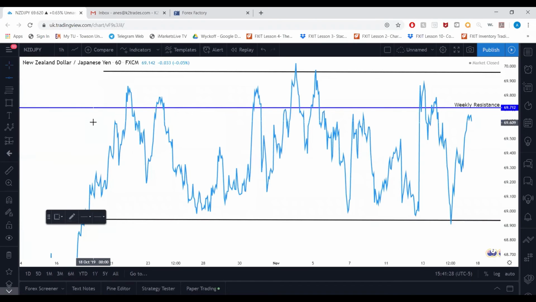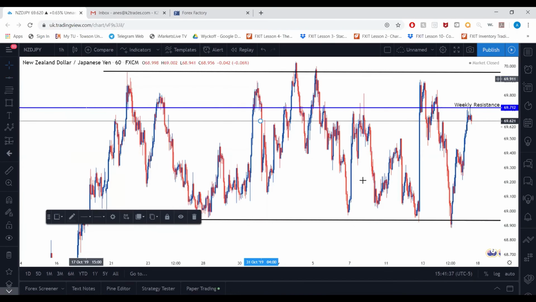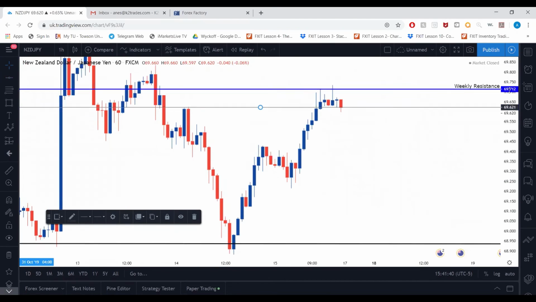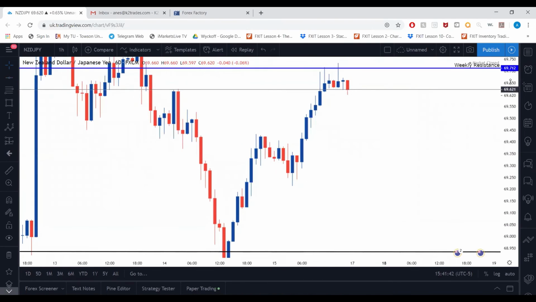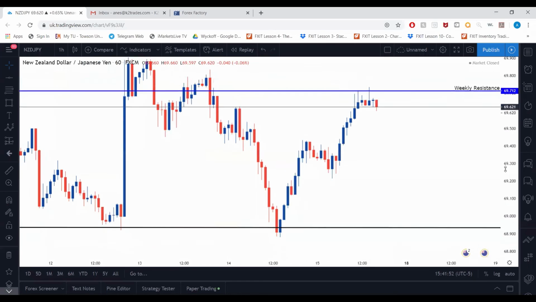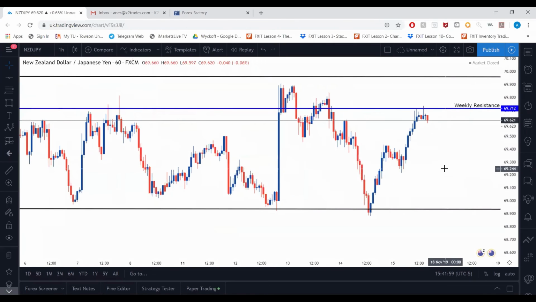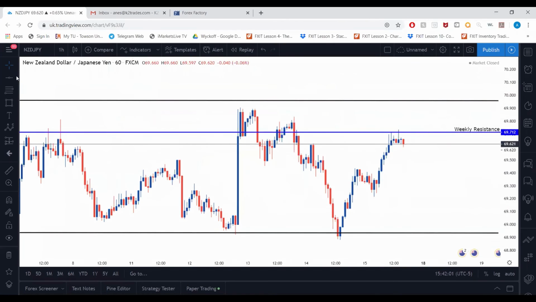I know it's on 1 hour and I myself don't favor it, but let's see if the break of this would validate the sell. So either you hold on to that sell limit, or you wait for this breakout of 69.620.